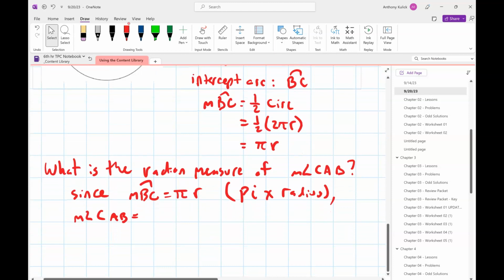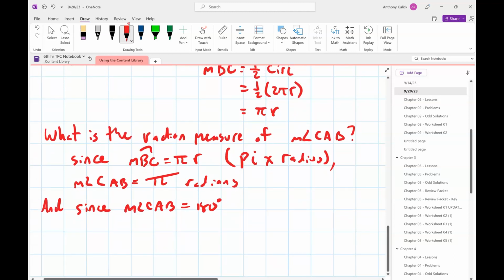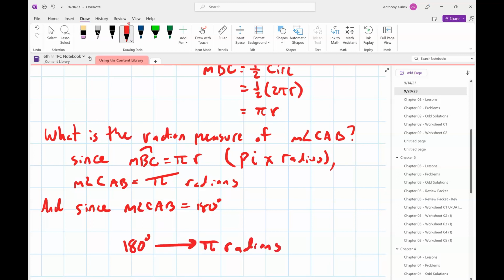So the measure of CAB should be pi radians. And since what was the measure of CAB in degrees? 180. We get that 180 degrees is equivalent to pi radians.